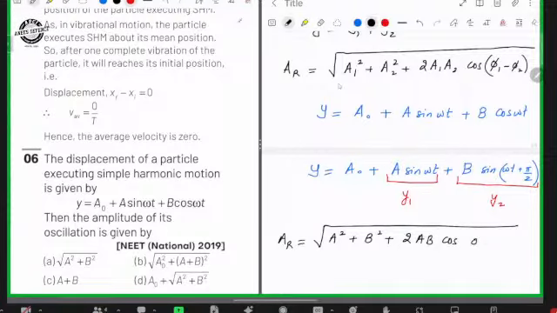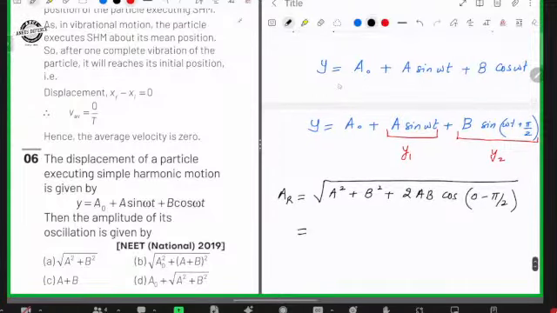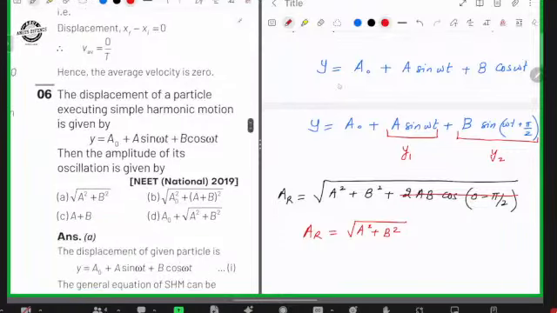Minus phi2; in the second equation it is pi by 2, so minus pi by 2. Cos pi by 2 becomes 0, so this entire term will vanish. So the resultant amplitude is the square root of A square plus B square, which is option A.